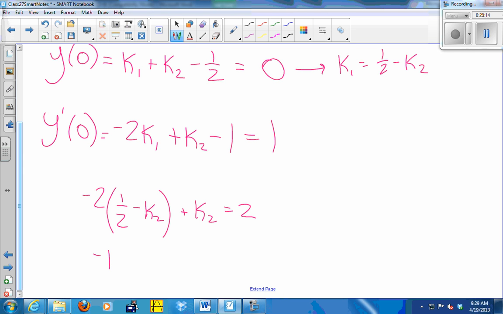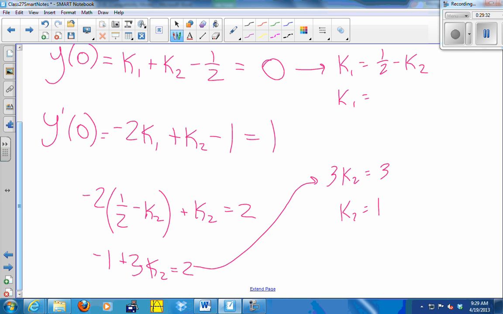I moved the 1 over. So I have -1 plus 3k2 equals 2, which means 3k2 equals 3, so k2 is 1, and k1 would have to be 0.5 minus 1, which is -0.5.